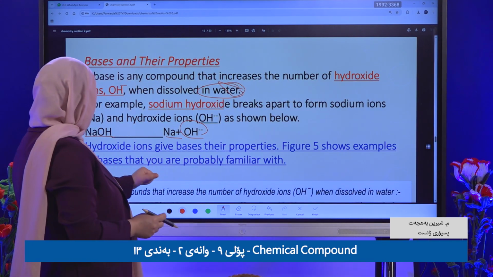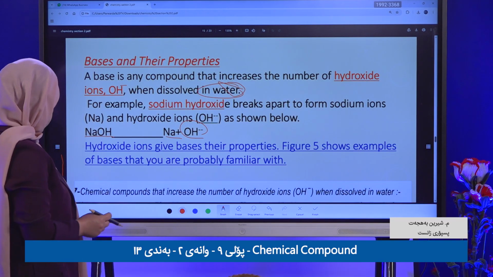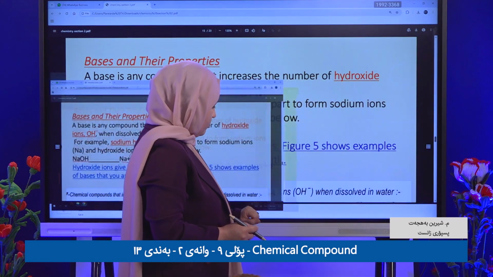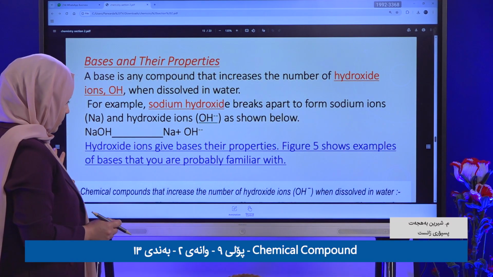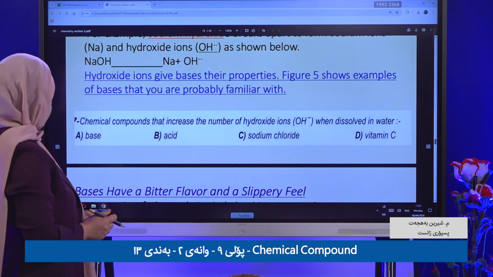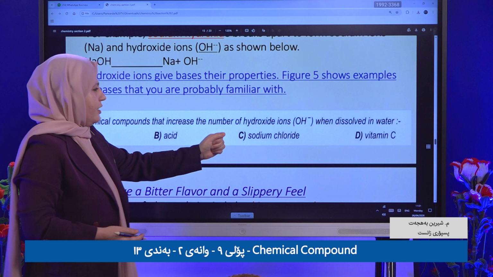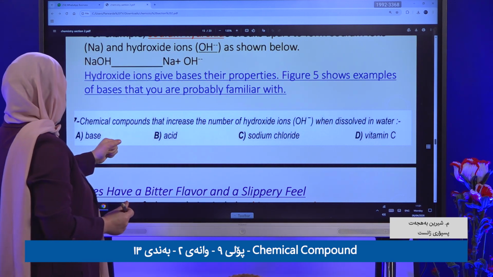Let's go to some properties. Before that, look at this example from the national exam. A chemical compound that increases the number of hydroxide ions when dissolved in water.